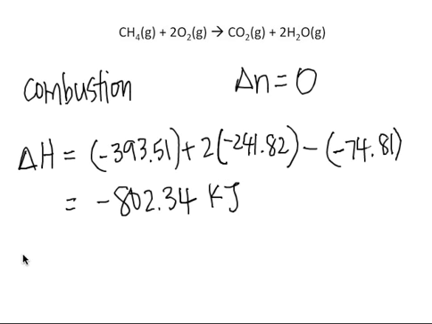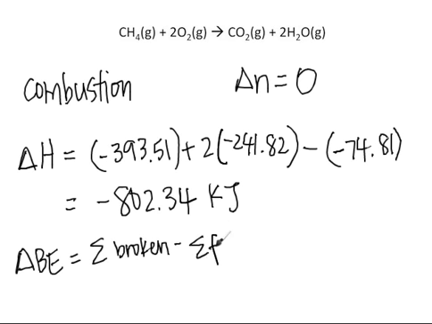We can also calculate the change in the bond energy. For this, you have to look at the bond energy table. Bond energy change is calculated by the bonds broken minus the sum of the bonds formed. Here the bonds broken: we're going to break 4 CH bonds. The CH bond is about 412.